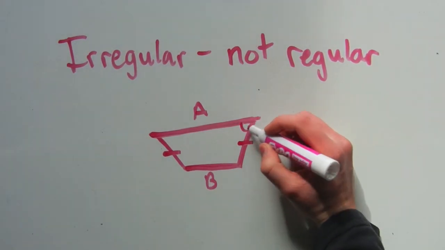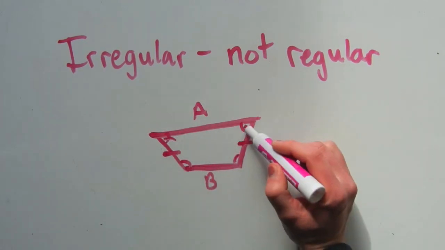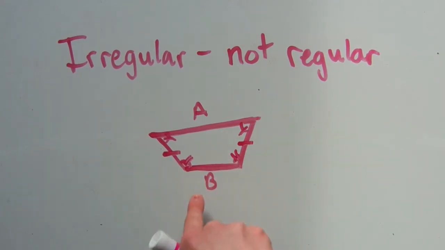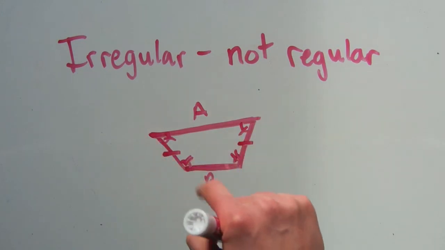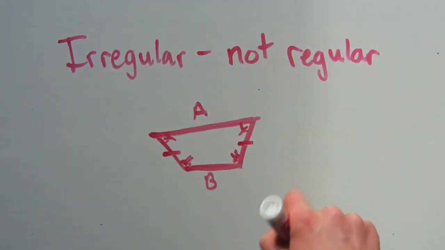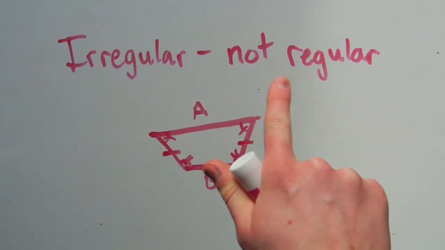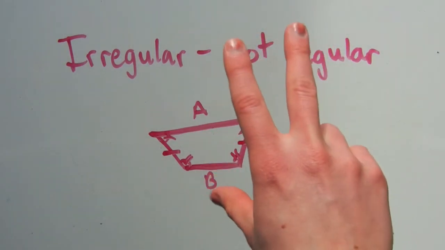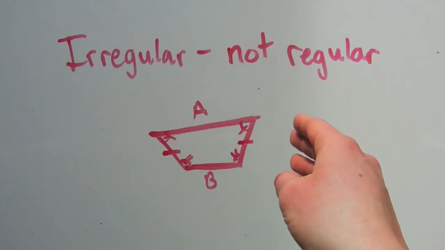You can also see that the angles, this angle is congruent to this angle, but this bottom angle is congruent to this other bottom angle, and the bottom angles are not congruent to the top angles. Therefore, again, this is irregular, because in order to be regular, it has to be convex, all the sides must be congruent, and all the angles must be congruent. If those three constituents are not met, the polygon is irregular.